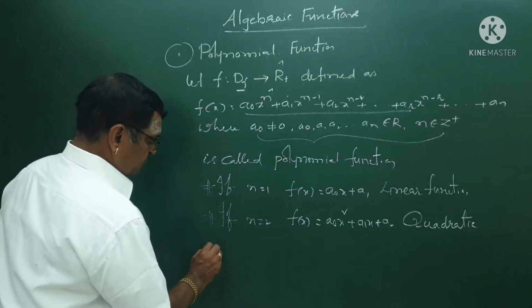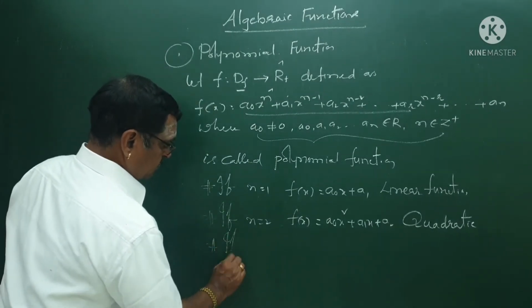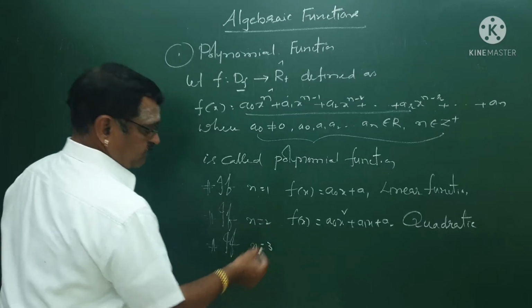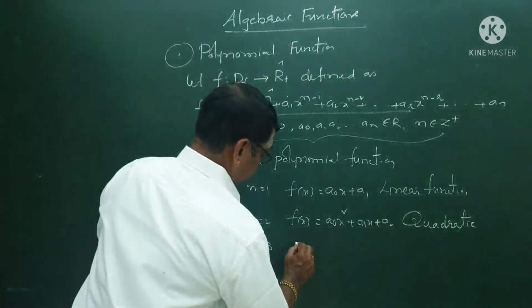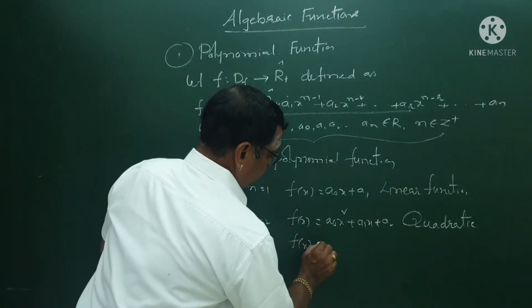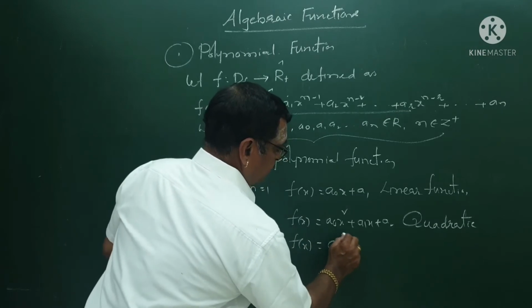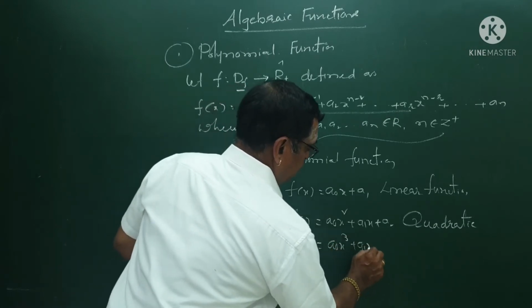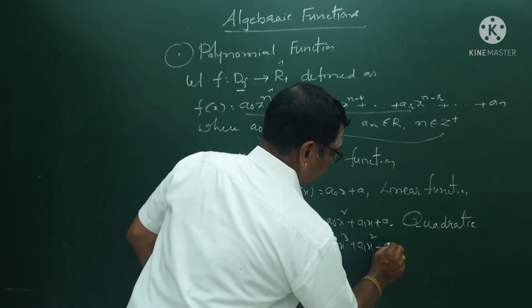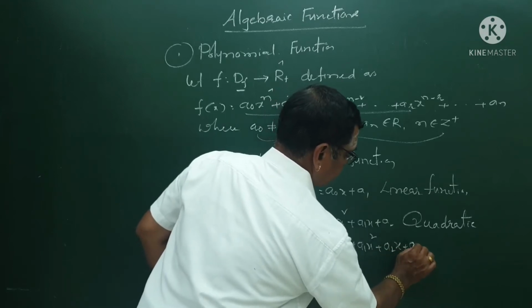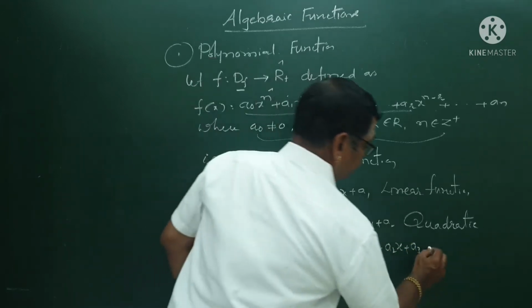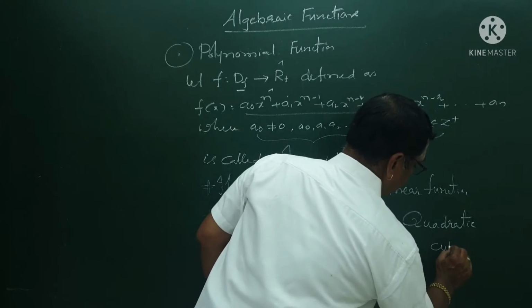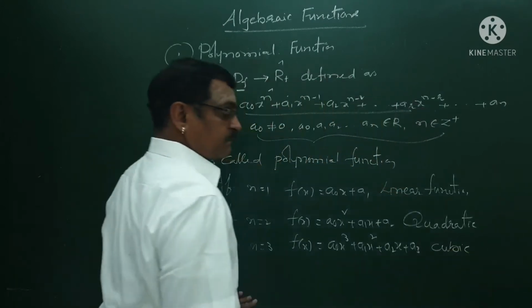And if n is equal to 3, my f of x will become a naught x cubed plus a1 x square plus a2 x plus a3, which is called cubic function.